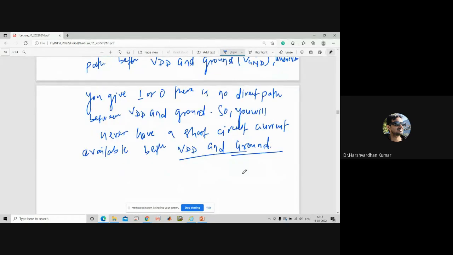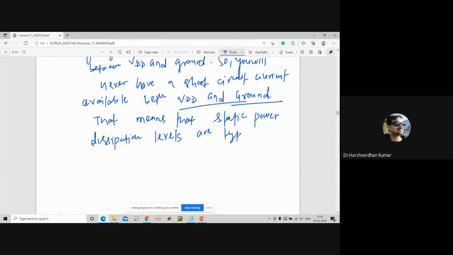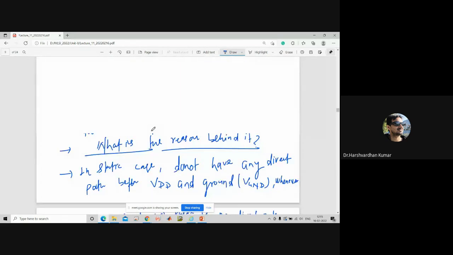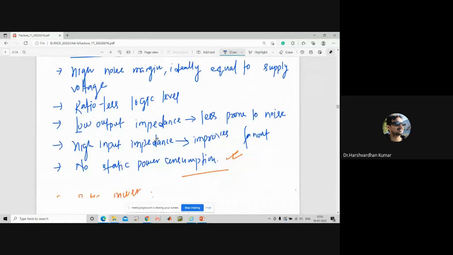So that means the static power dissipation levels are typically very small, right?